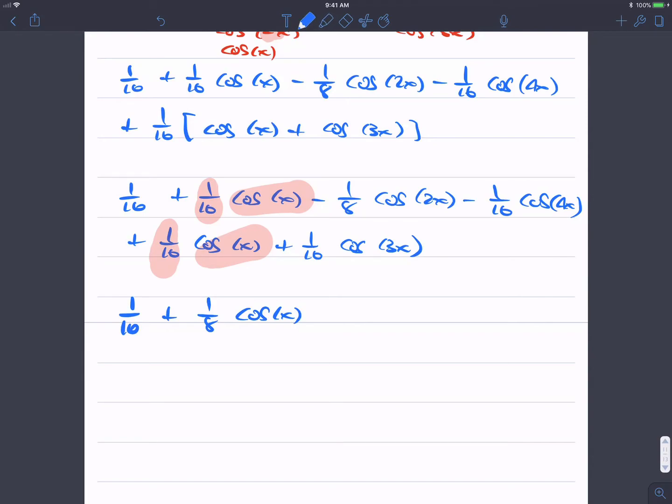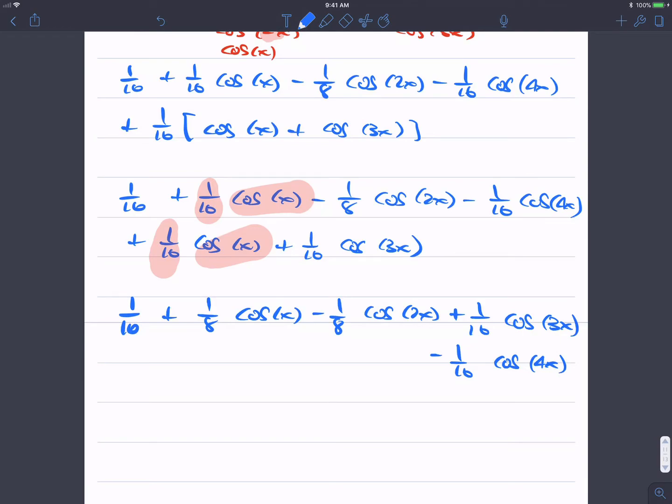So then I have minus 1/8 cosine 2x plus 1/16 cosine 3x, minus 1/16 cosine of 4x. So: 1/16 plus 1/8 cosine x minus 1/8 cosine 2x plus 1/16 cosine 3x minus 1/16 cosine 4x.